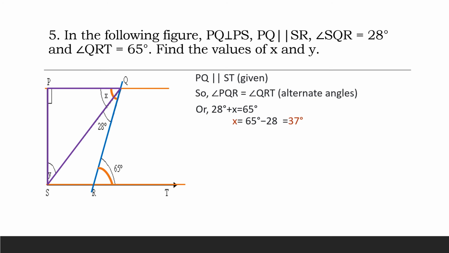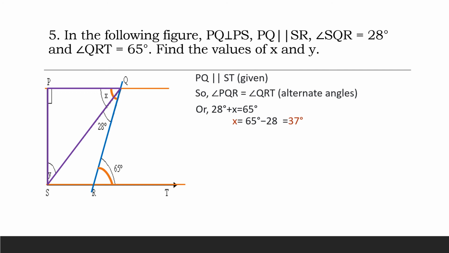So now let us take this triangle PQS. Look at the figure. We know two angles here. Angle P is 90 degrees. Angle X equal to 37 degrees, just now we found.